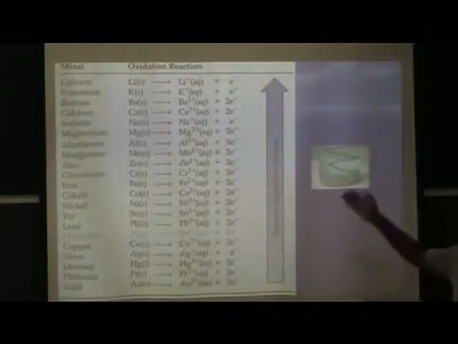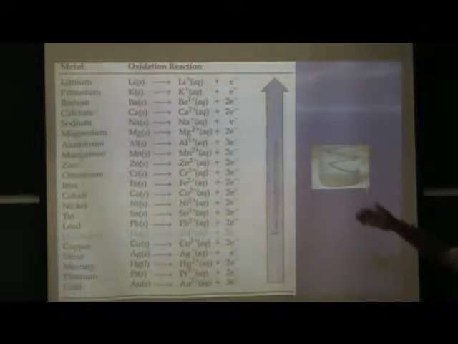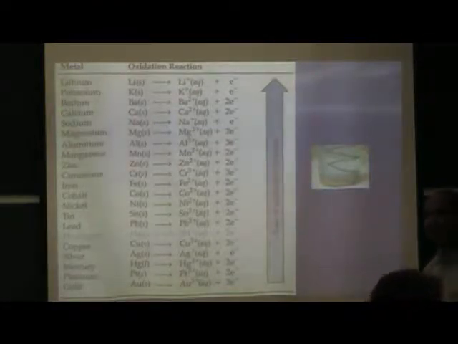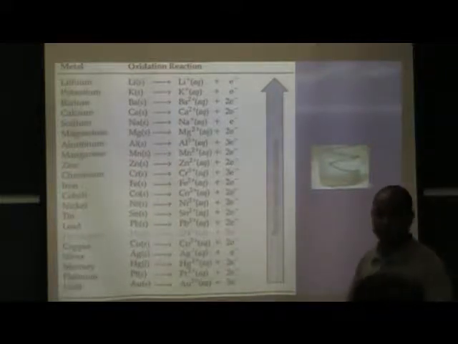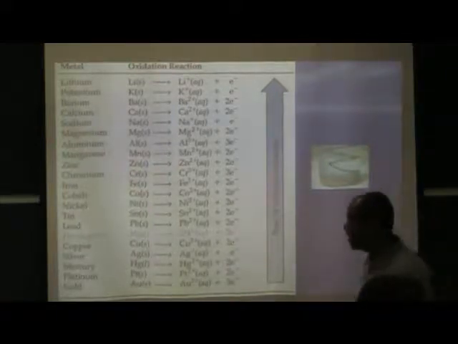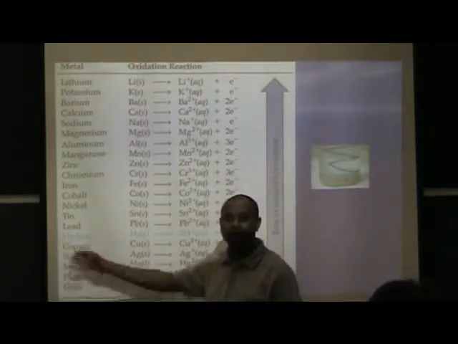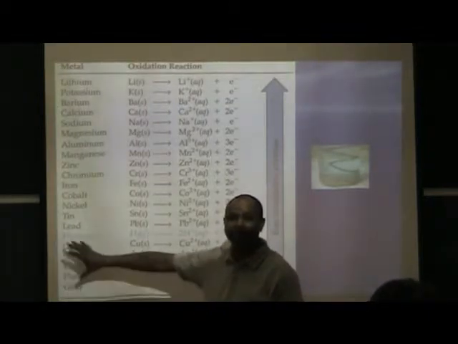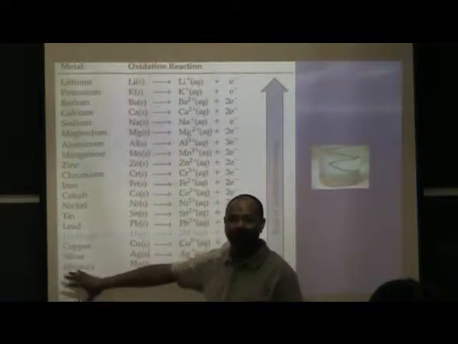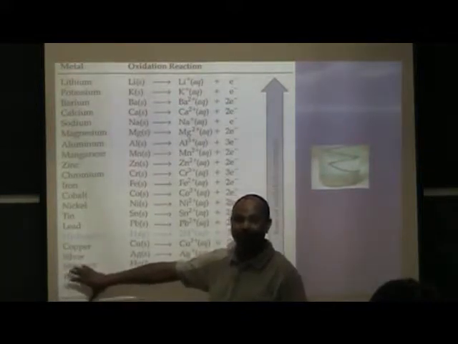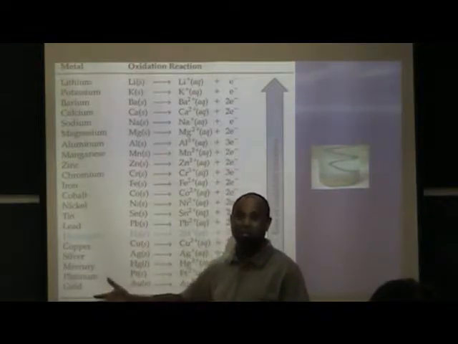We have a list of metals, and in this list there are some metals which are very reactive, which are very easily oxidized, which can easily be corroded, for example. There are metals that are not easily corroded or oxidized, so they are expensive actually. They can stay for a long time, 10 years, 15 years, 20 years, okay? These are precious metals, noble metals. Oxidation is a reaction, by the way.